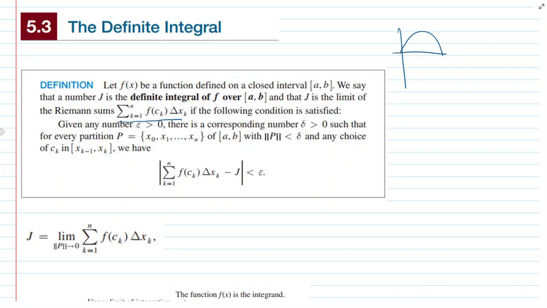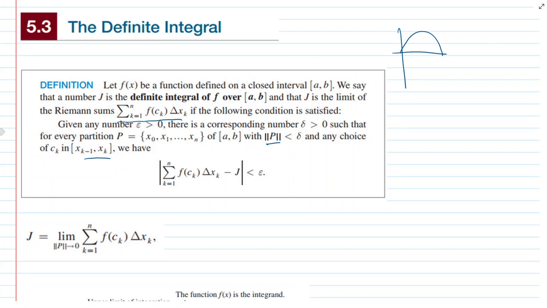The following condition is satisfied: for every epsilon greater than 0, there is a corresponding number delta greater than 0, such that for every partition of [a, b] with the norm of the partition being less than delta, and any choice of c sub k in the subintervals, we have this sequence of values.